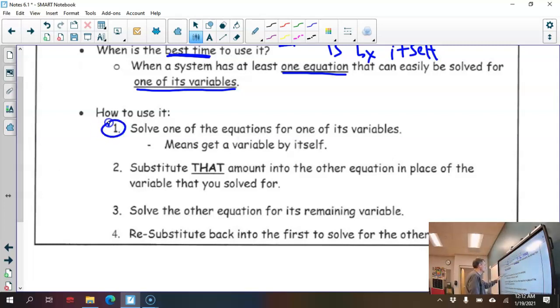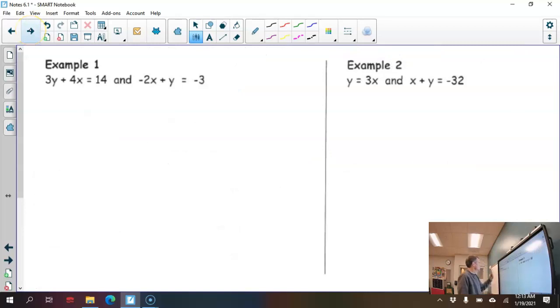All right, step 1 we're going to do first, and that is get a variable by itself. Solve one of the equations. So we're going to look at example 1. Ideally, you pick the easiest variable to get by itself. That would be a variable whose coefficient is 1, or it doesn't really look like it has a coefficient. So I'm going to get this variable by itself, the y in the second equation.